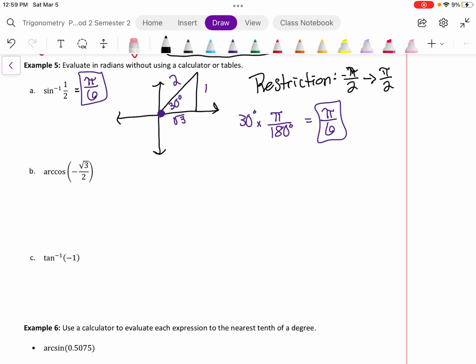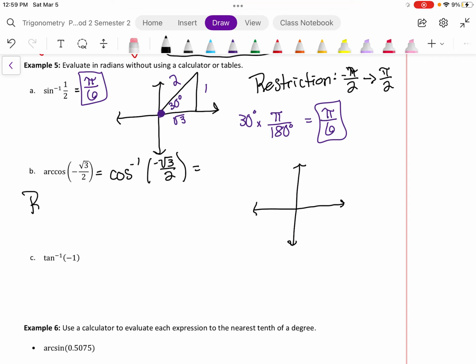Our next one, arc cosine, this is the same thing as cosine inverse of negative square root of 3 over 2. So arc cosine is the same thing as our inverse cosine. And arc sine, I know it's not on here, would be the same thing as inverse sine. So we're going to do the same thing. We are going to draw our graph.